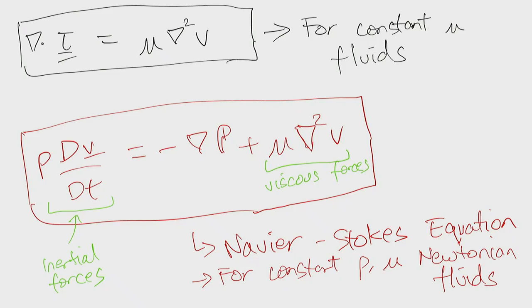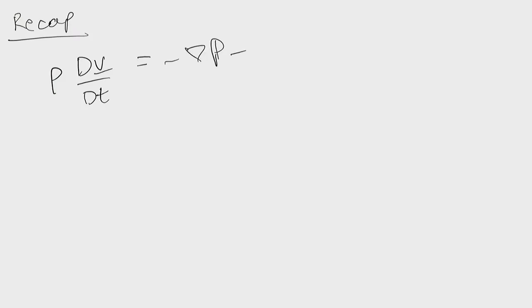Okay, so let me just recap the key concepts here in terms of what you should focus on and how we arrived at where we were. So rho dv dt equals negative grad script p plus del dot tau.